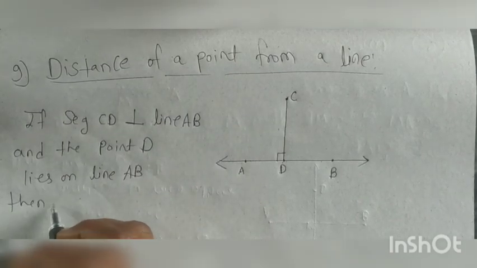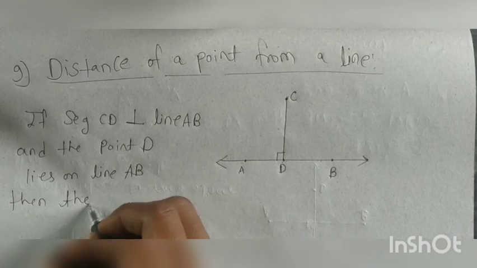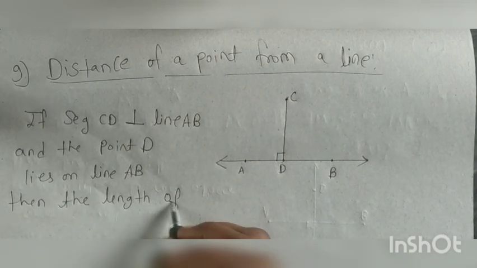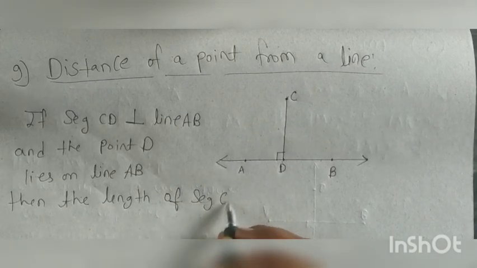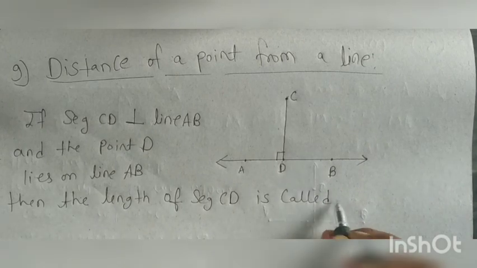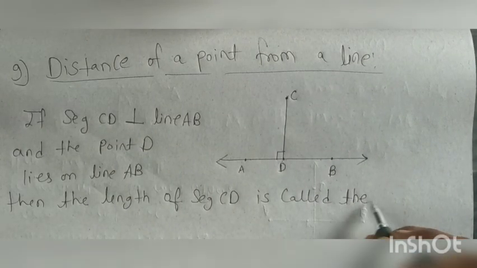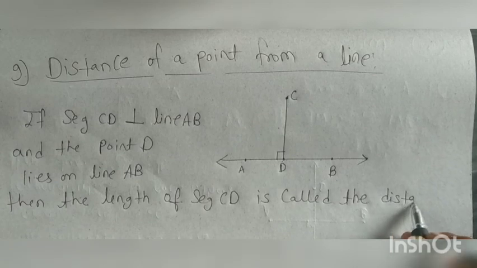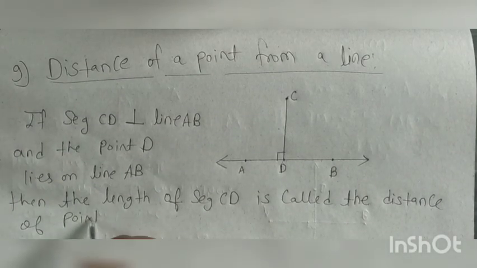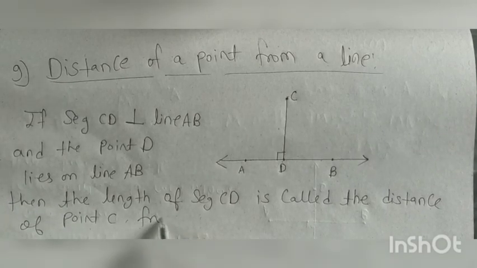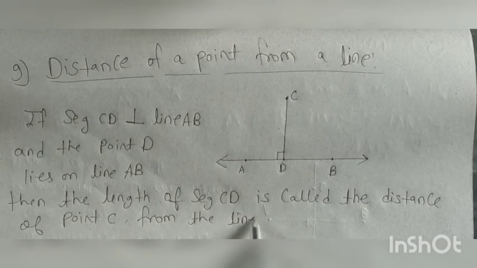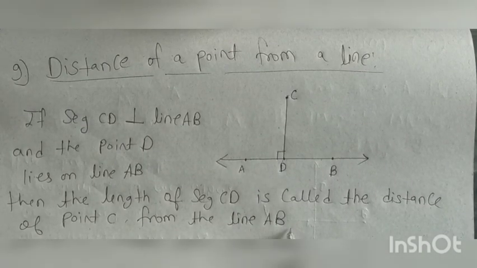Then the length of segment CD is called the distance of point C from the line AB.